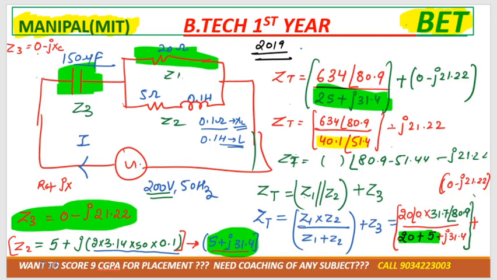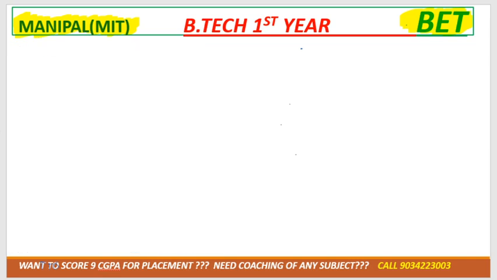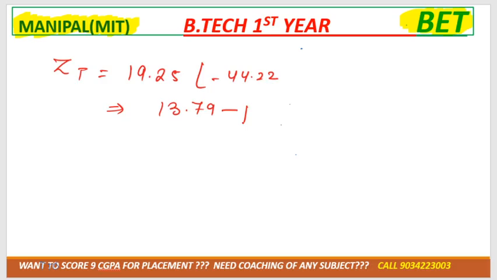You need to convert polar to rectangular, and then after solving, do check it once by solving. After solving you will get the ZT value as, if I write it in polar, 19.25 angle minus 44.22, and if I write it in rectangular form, then that would be 13.79 minus J13.42.